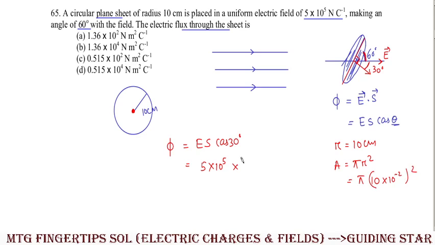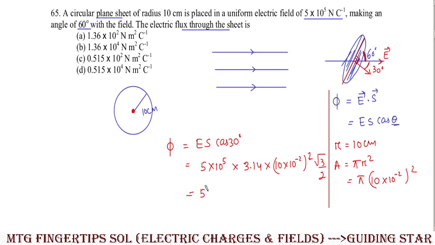So finally, if we put this value, the area can be written as pi, and the value of pi is 3.14, into 10 into 10 to the power minus 2, whole square. Cos 30, what is its value? Cos 30 is nothing but root 3 by 2. So finally, what answer will we get? We'll do a little bit of calculation.